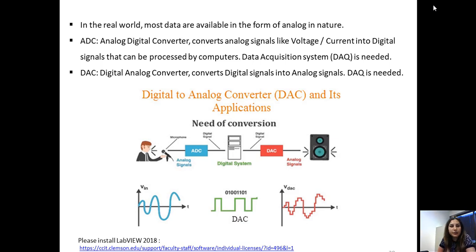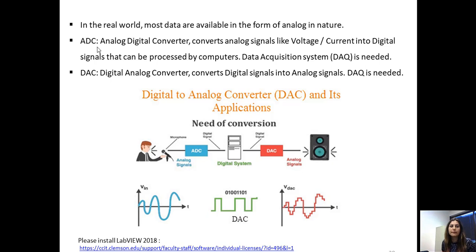In the real world, most of the data that we have are analog in nature. And I talked about analog, and I told you that analog is like a continuous wave. So it's not binary, so it's not digital like 0, 1, 0, 1. You can see here we have this continuous signal. And here for our case it is current or voltage.